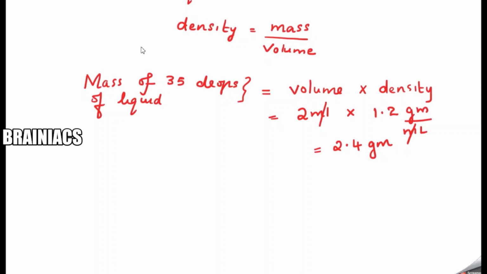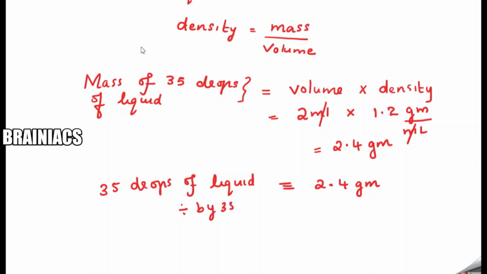Now what can we calculate from this? We can write it like this: 35 drops of liquid has a mass of 2.4 gram. Now for one drop of liquid, how can we get it? Divide by 35 on both sides.